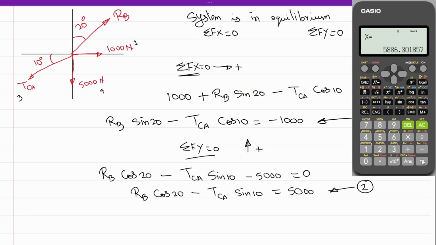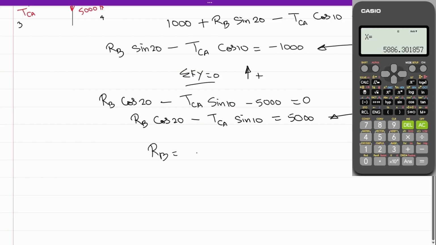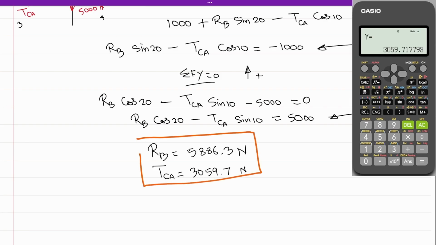The first value X indicates your RB, and the second Y indicates TCA. So RB is equal to 5886.3 Newton and TCA is equal to 3059.7 Newton. So this is my final answer.